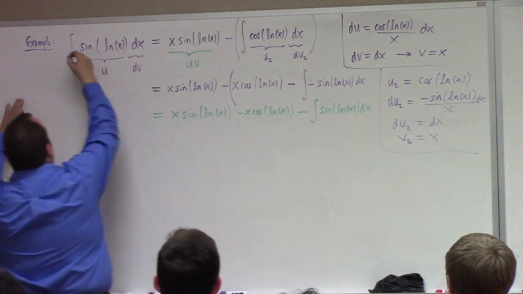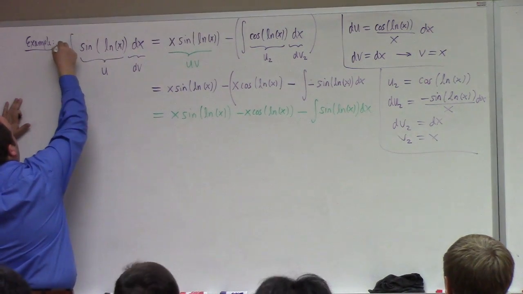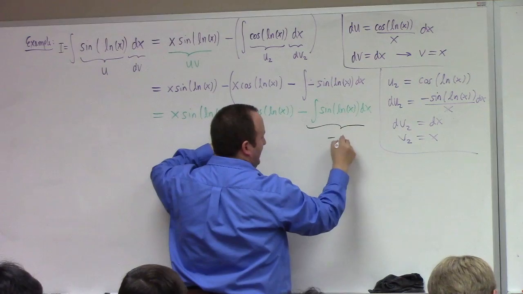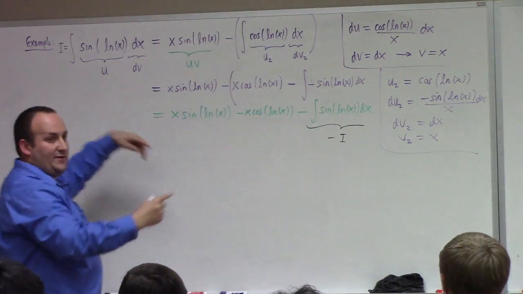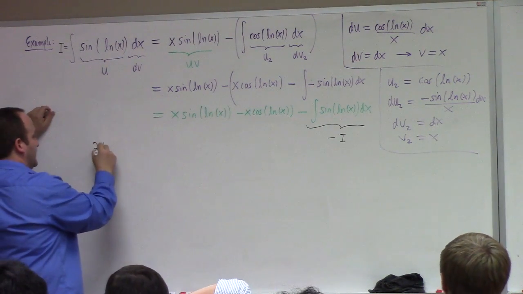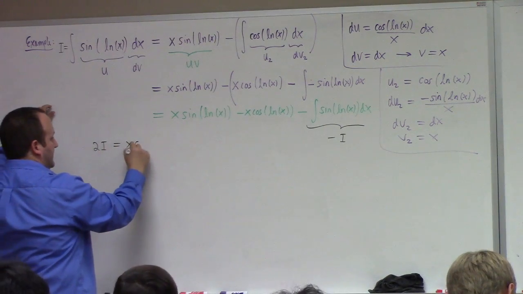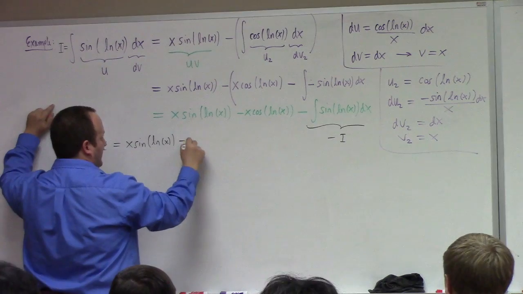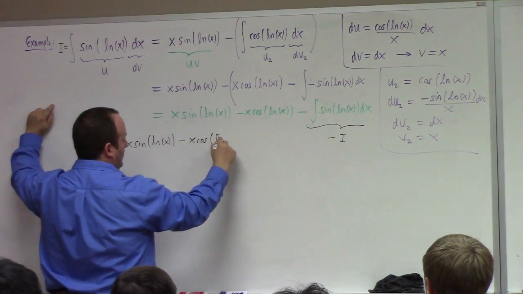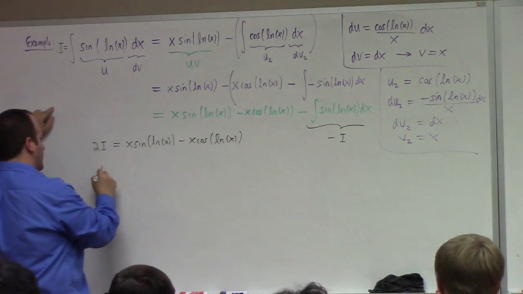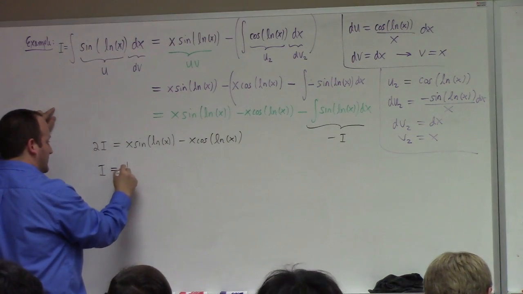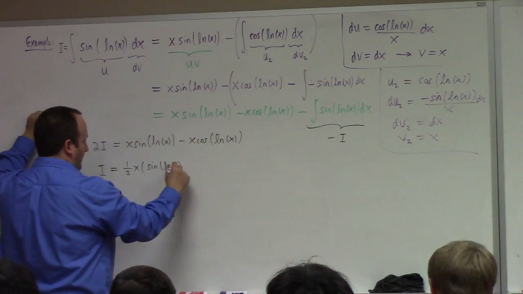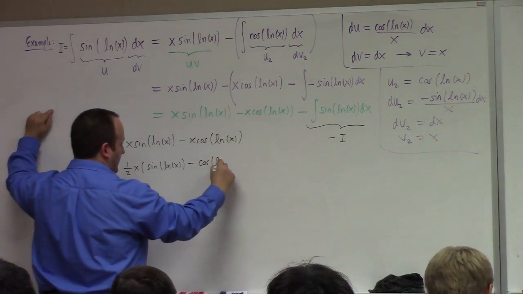But if we call this I, because that's what we're after, the integral I, then this is exactly minus I, right? So if we add I to both sides, this gives us twice I equals x sine of the log of x minus x cosine of the log of x. And then from this we learn I is equal to 1/2 x times sine log x minus the cosine of log x.